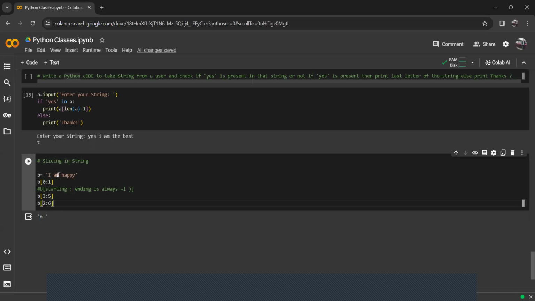So A, M space H. So this is something known as slicing. And there are other types of slicing also. But this is our first type, in which we are taking only two things, starting and ending.